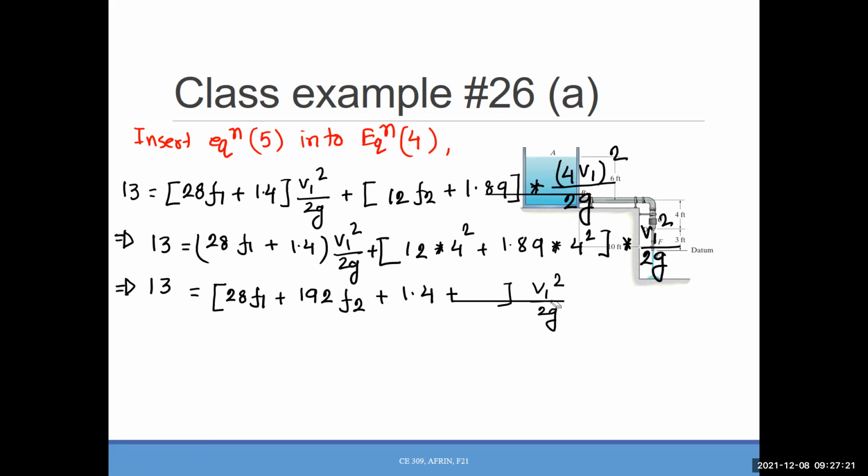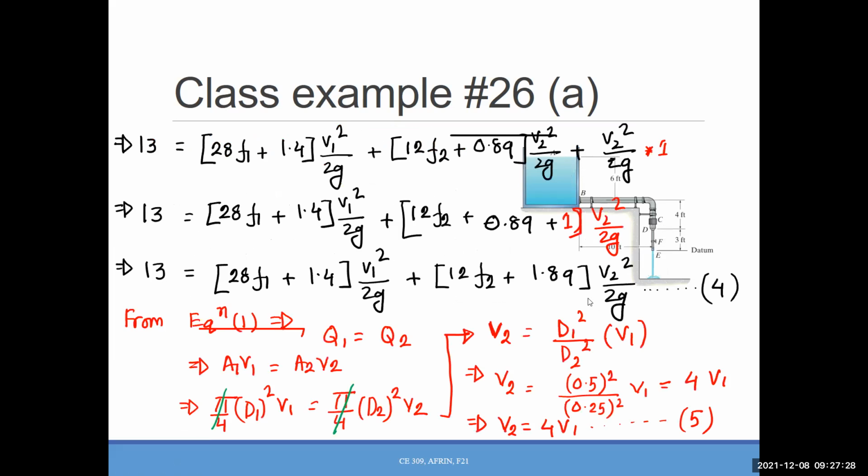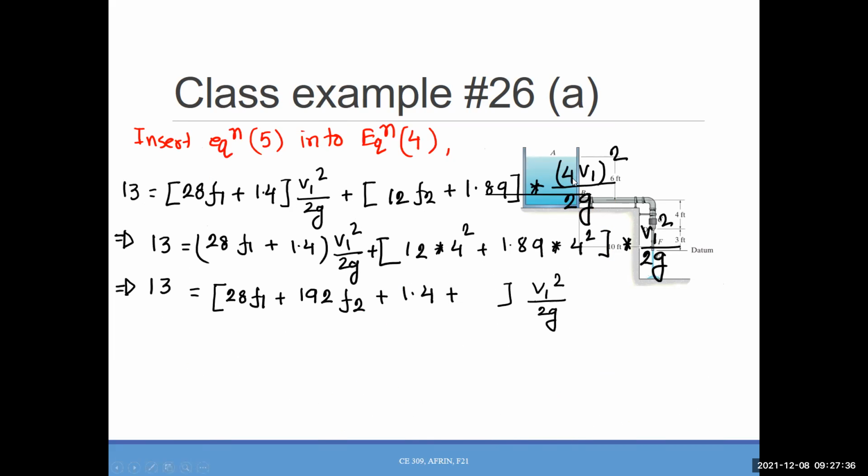Where is the 4 square coming from? Yes, if you look at this one, we had V2, right? And V2 equals 4V1. So instead of V2, I use this one.